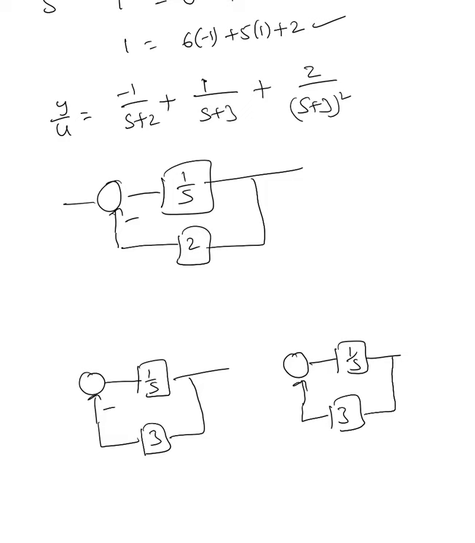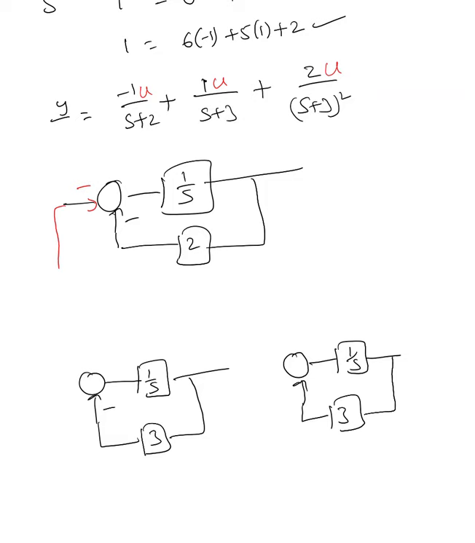Now to get Y, for simplification purposes, I'm going to take this U to the other side. To get Y, this must be multiplied by U. Now U has to pass through this signal, but that's a negative, so I'm going to put the negative there.